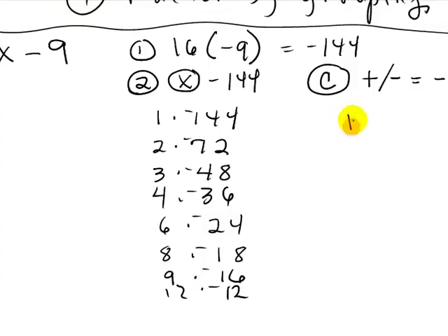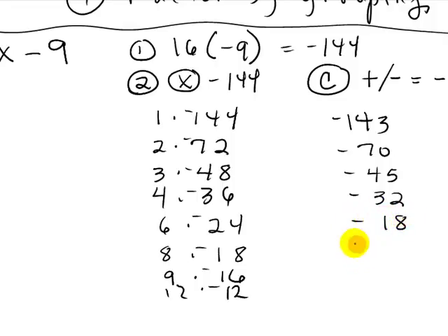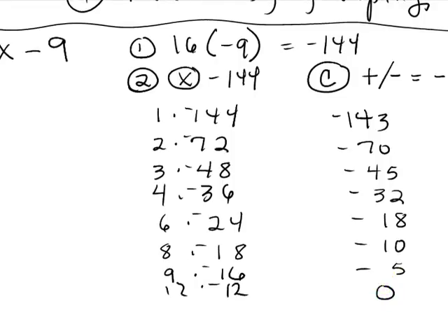So when I combine, I get negative 143, negative 70, negative 45, negative 32, negative 18, negative 10, negative 5, and 0. So do you see our winner?